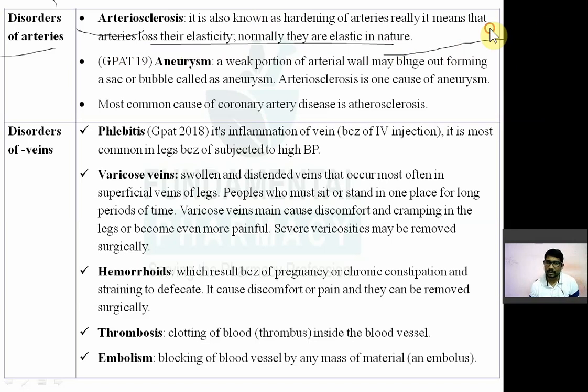Then the second disorder of your arteries is aneurysm. Aneurysm means a weak portion of the arterial wall may bulge out, forming a sac or bubble called an aneurysm. So suppose this is your blood vessel, and it is normal. If there is a weak portion and the wall bulges like this, that is known as aneurysm, the formation of a bulge.